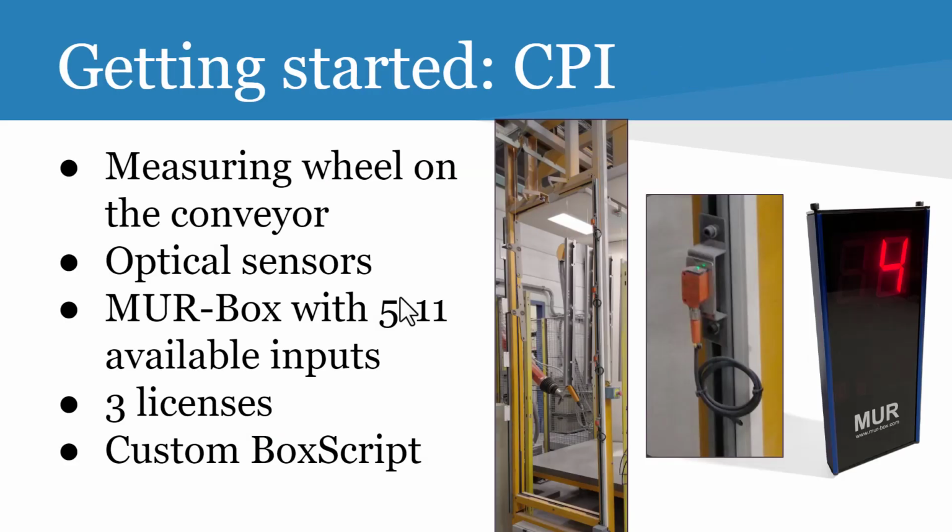So to get this working, here we have a few more items we need. We need a measurement wheel to measure the movement of the conveyor. It's not only to measure speed, but also to calculate the square meter area being covered. And to detect how much is hanging below the conveyor belt, in this example we have 4 optical sensors, nothing fancy, just standard optical sensors.